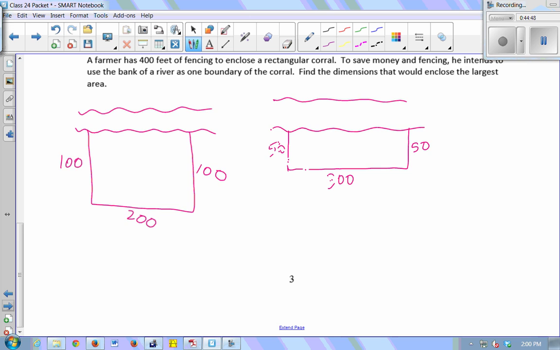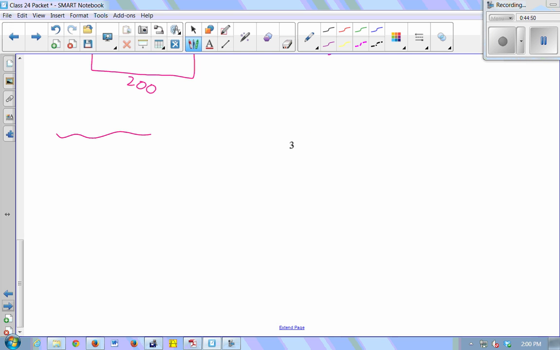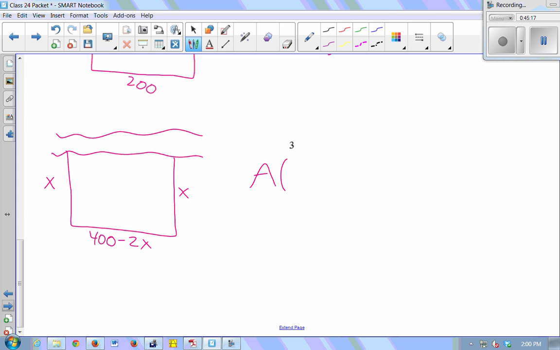If I draw a picture, got my river and my rectangular corral, and I let these two distances be x, what's the remaining distance? Close. 400 minus 2x. We have a total of 400. We've already used 2x of it. The remainder is for the third side.